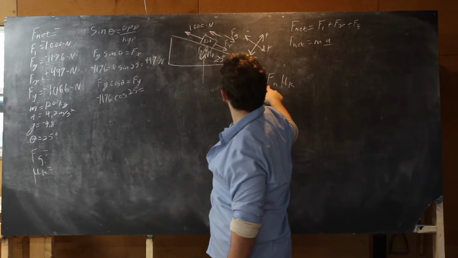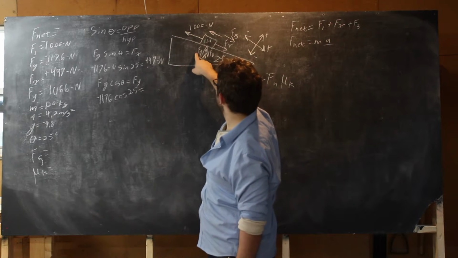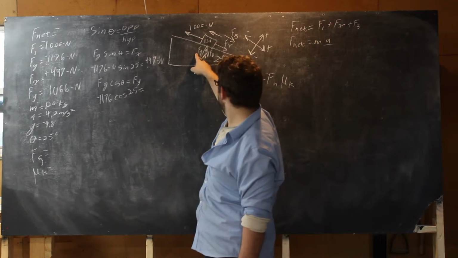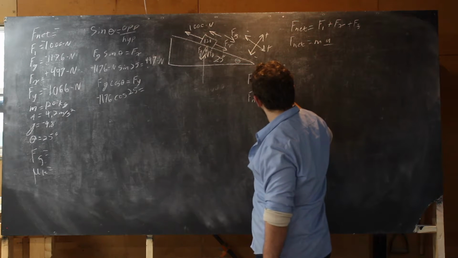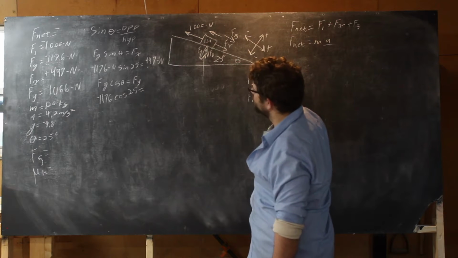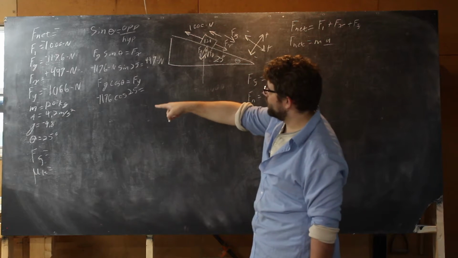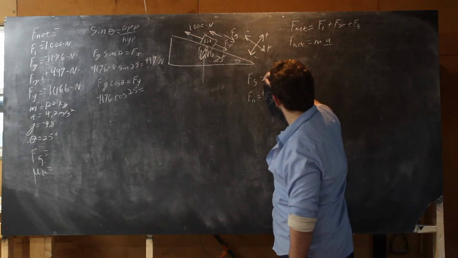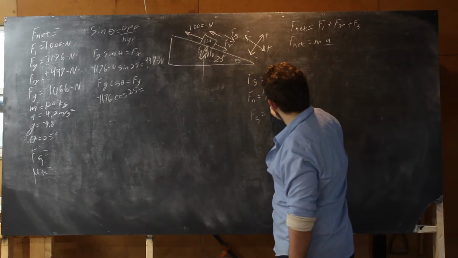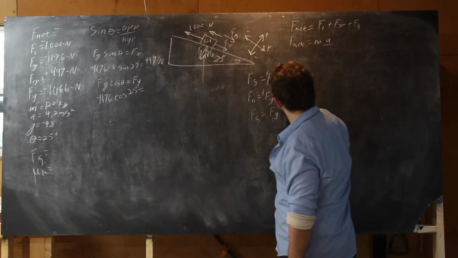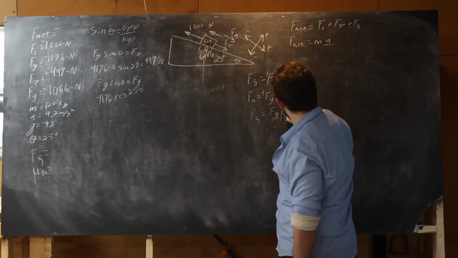All right, my force normal, what is that? Well, that's going to be the opposite of this Fy. So force normal equals negative Fy. I've got a negative Fy to begin with. So this negative, I'm going to have force of friction equals F in Y times mu k.